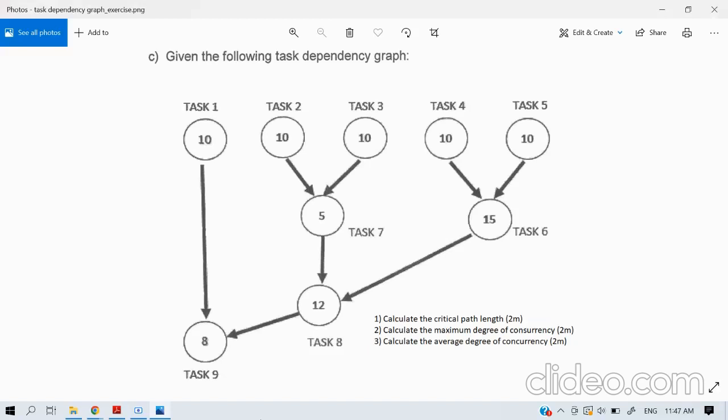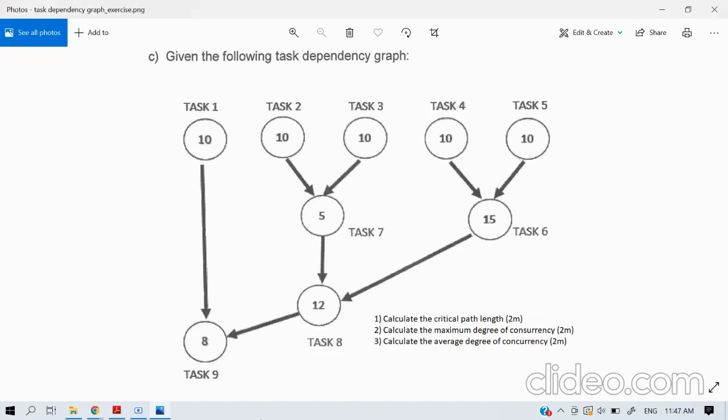Okay, sometimes there is a question that says please list the critical path. It doesn't say length. List the critical path. So, if the question says list the critical path, you need to list only, no need to total up.